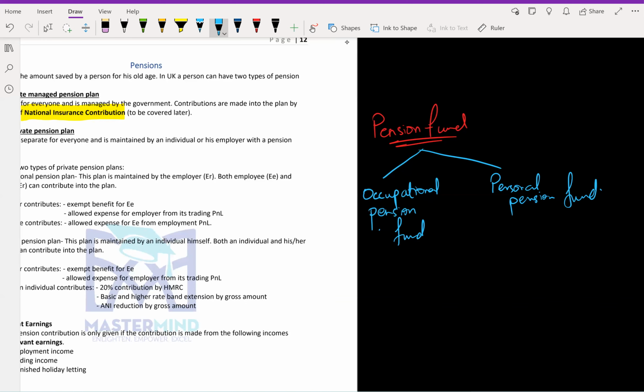They have the license to take contributions from the pensioners and invest the money into certain avenues. Obviously, not very high risk avenues, not something like Bitcoin, not something like NFTs, nothing like that, but medium to low risk is the profile of pension funds.